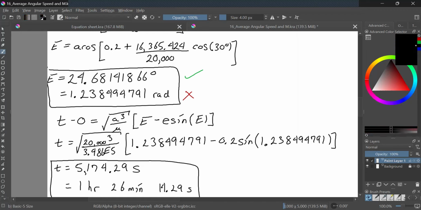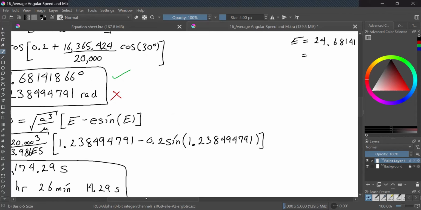Pro tip, if you are trying to convert an equation from degrees to radians, like I did here, make sure that all of your trig functions inside of that bigger function also adhere to the radians or degrees, whichever one you choose. So, as you can guess, I didn't do that. So let's remedy that, shall we?